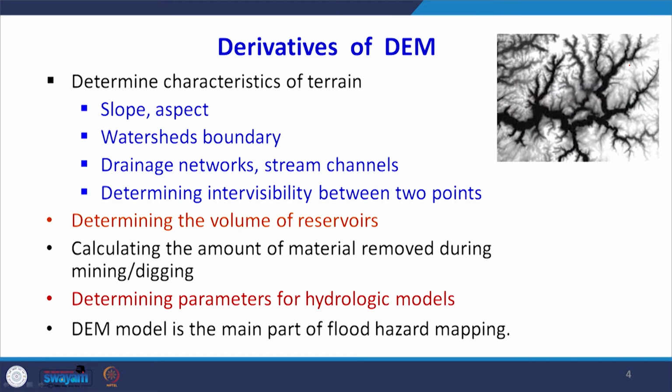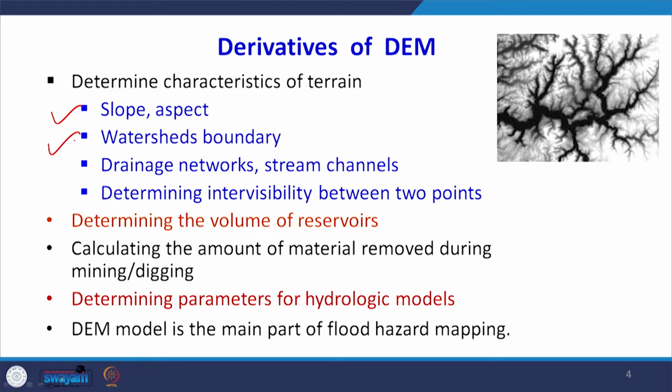So what are the derivatives which we can derive from the DEM in a GIS environment? The input to my algorithm is elevation data, or the DEM, and then we derive several parameters out of that DEM. Those parameters could be slope or aspect. Many water related and hydrological studies, and many engineering projects, actually require this parameter.